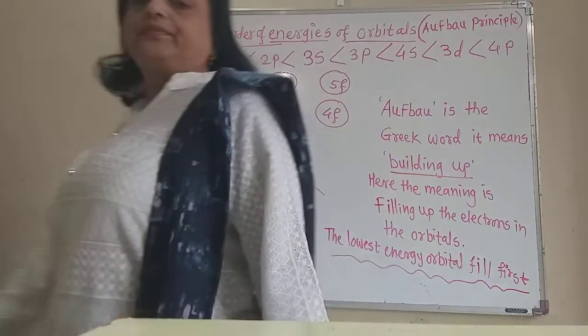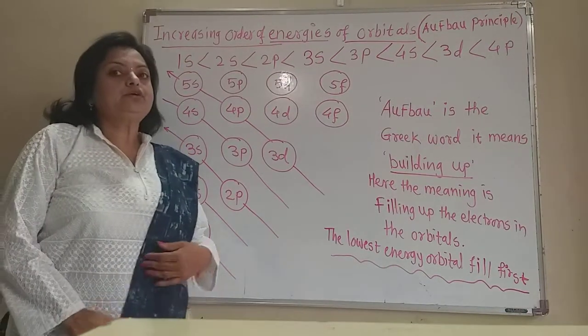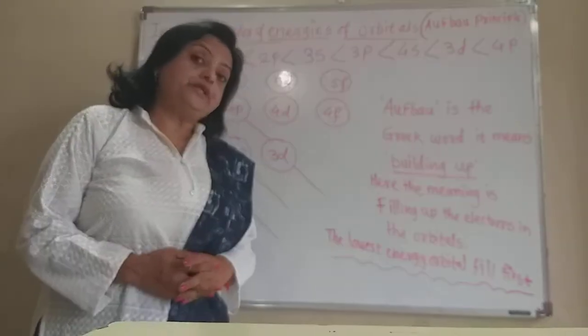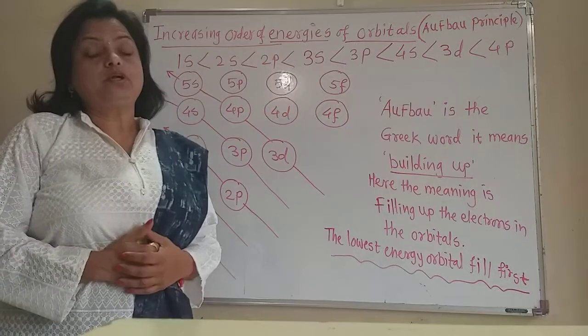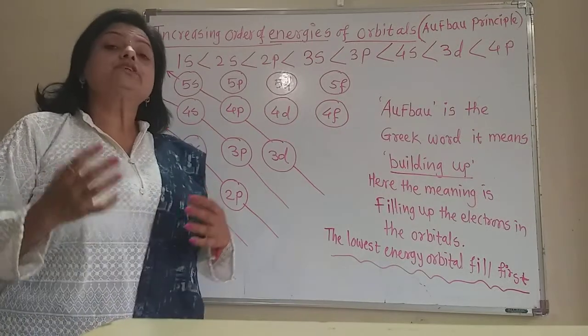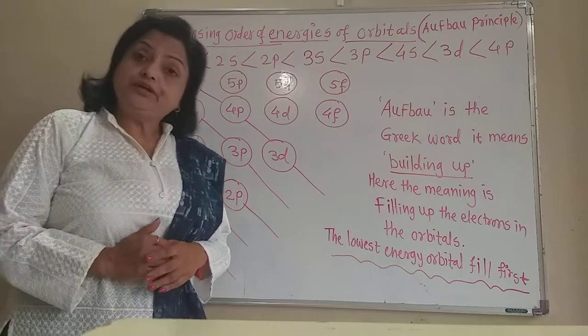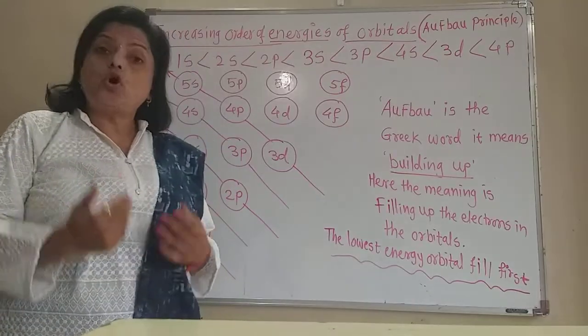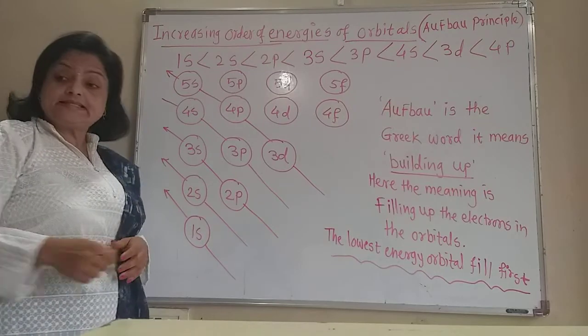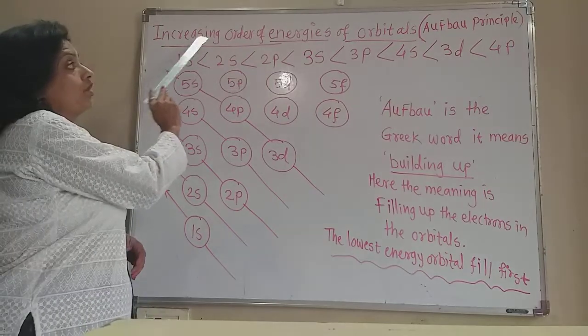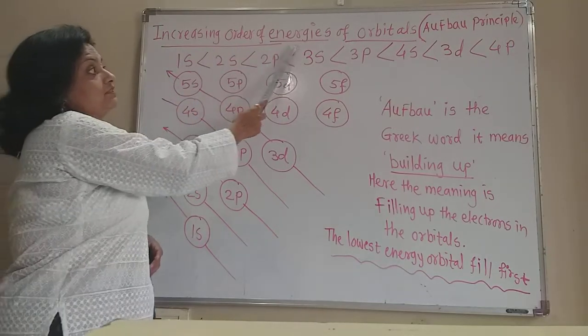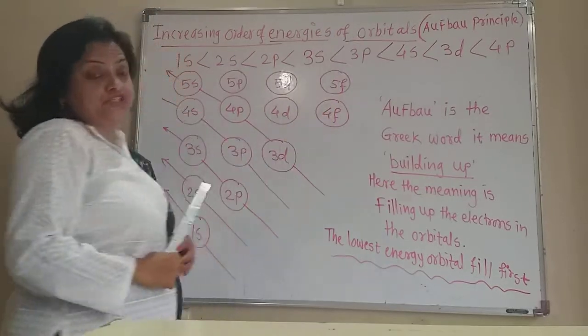Now see how the electrons are filled actually into the different orbitals. There is the order of filling of these electrons in the orbitals, and that order is increasing order of energies of orbitals.